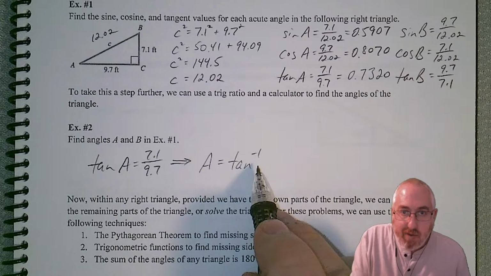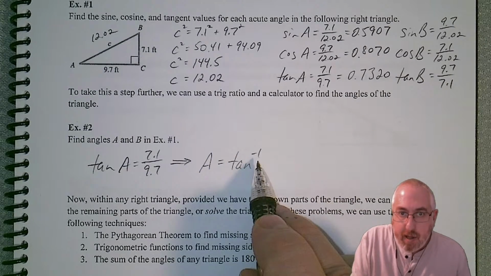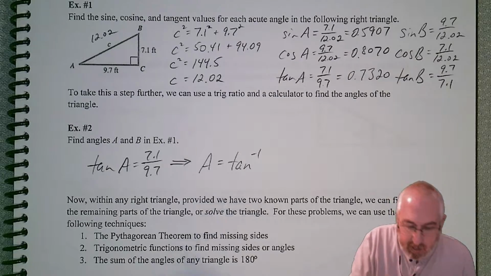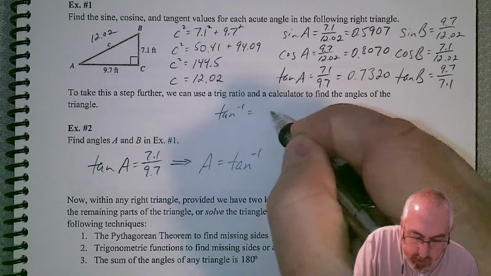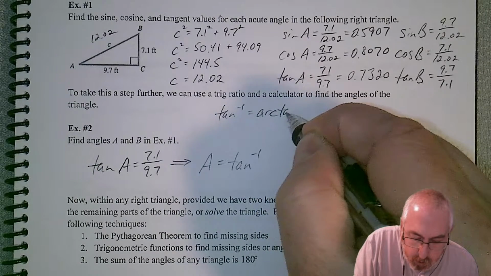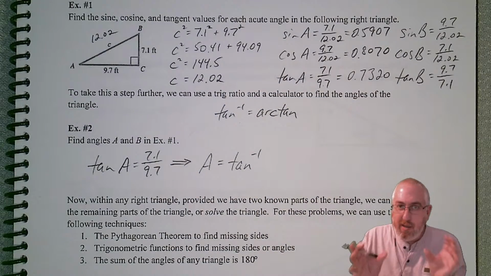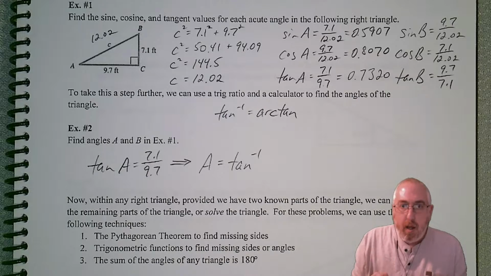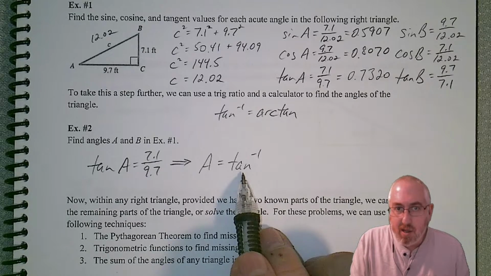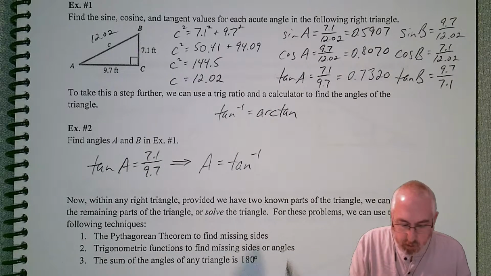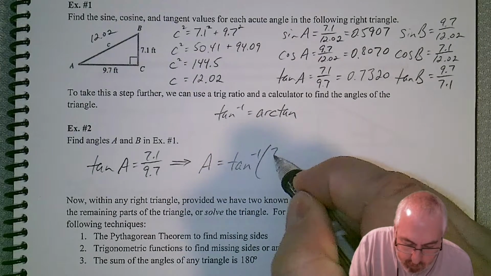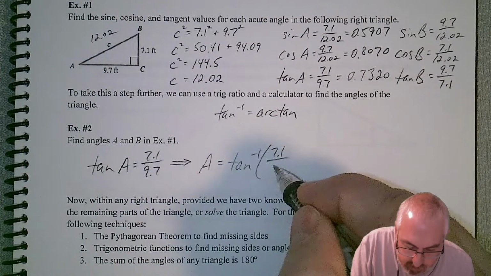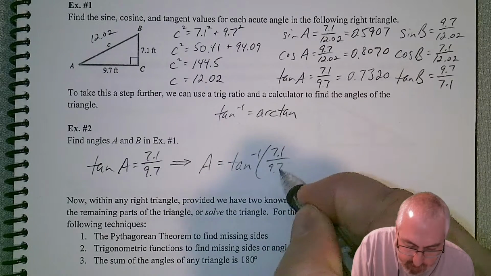And usually they'll have a tangent with a -1. The other fancy way to say that is arctangent. So those mean the same thing, but this is obviously a little bit more compact. So we're going to use tangent -1, and we're going to use that 7.1 over 9.7.